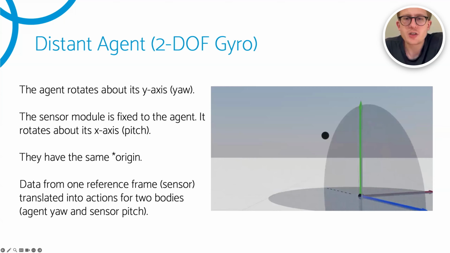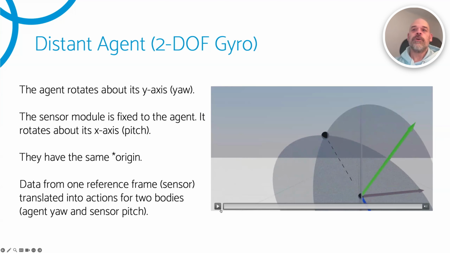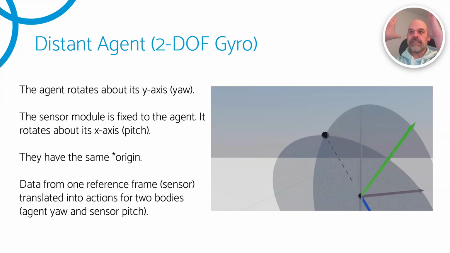Sorry, just to clarify, what is what? The dot is a target we want to look at, for example. And the direction we're pointing in is the dash line. Yes. So when we yaw, we're rotating this whole vertical plane here.